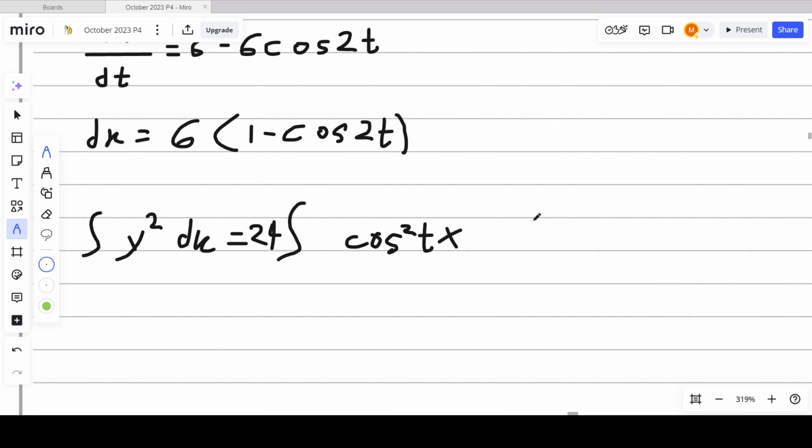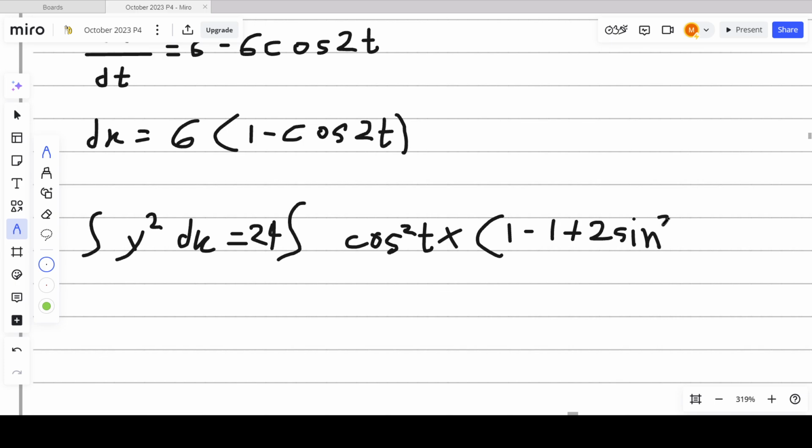And 1 minus cos 2t, let us convert it to sin t. I will tell you why I am converting it to sin t. Cos 2t can be written as 1 minus 2 sin squared t, so 1 minus 1 plus 2 sin squared t. We could also convert it to cos squared t, but I didn't do that.